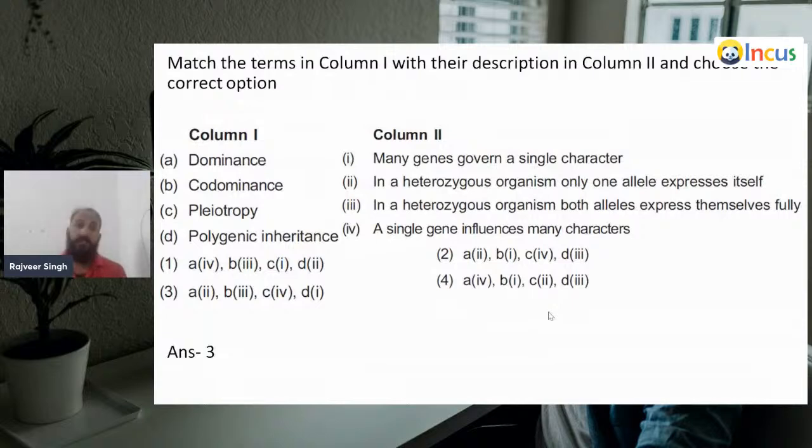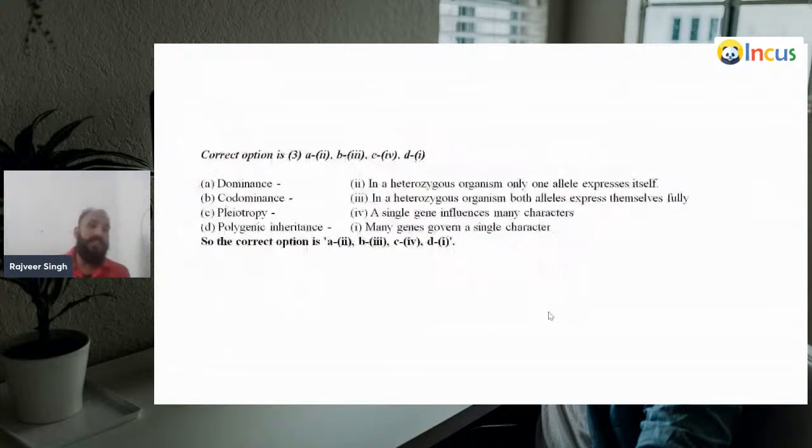On the other hand, pleiotropy is just like an electric extension board: one single point, but it supplies electricity at many points. So this is pleiotropy. That is why our answer will be third, the right combination of dominance, codominance, pleiotropy, and polygenic inheritance.